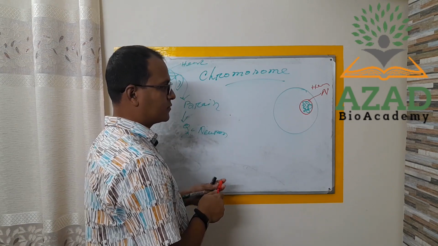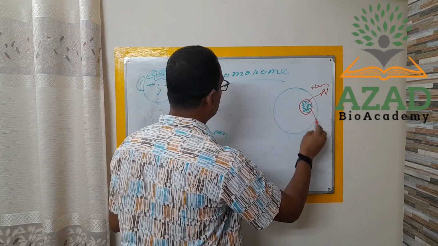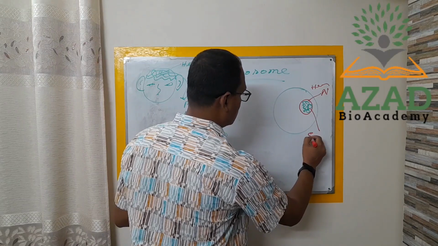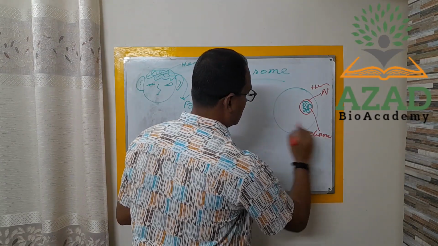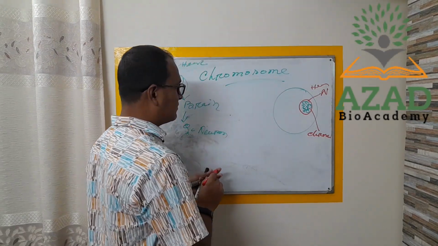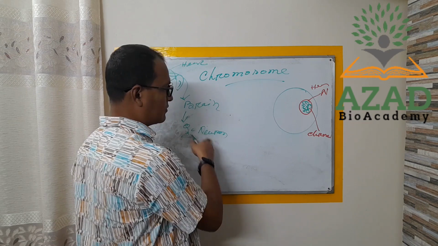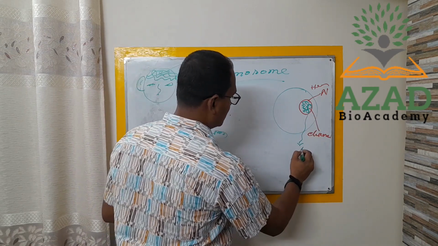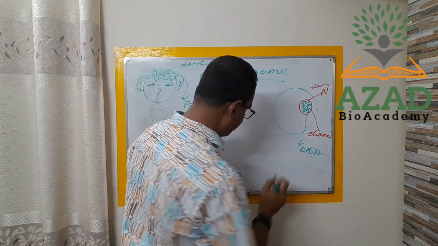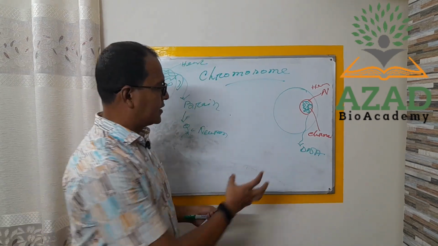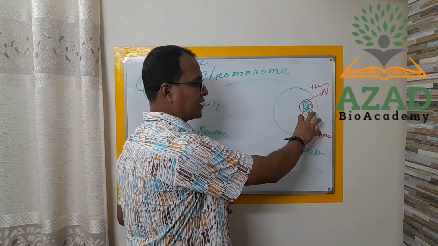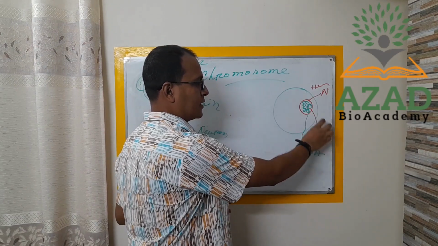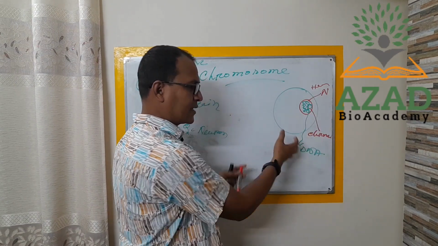The condensed form of genetic materials is called the chromosome, and the active unit of the chromosome, as like a neuron of the brain, is DNA. So you can guess, the condensed form of DNA within the nucleus may form chromosome.